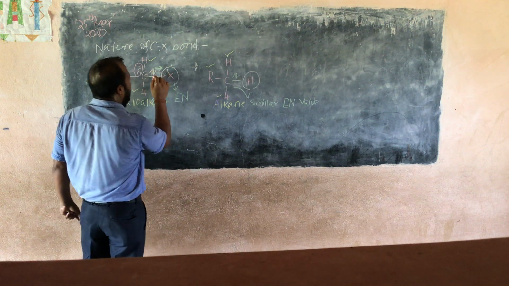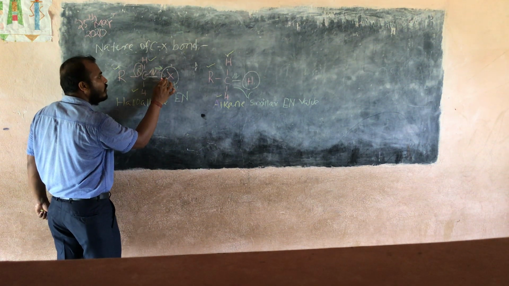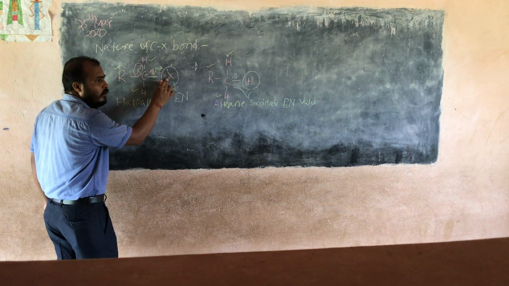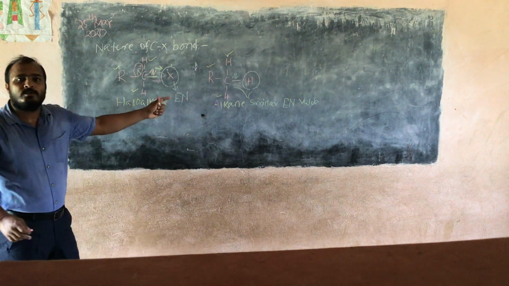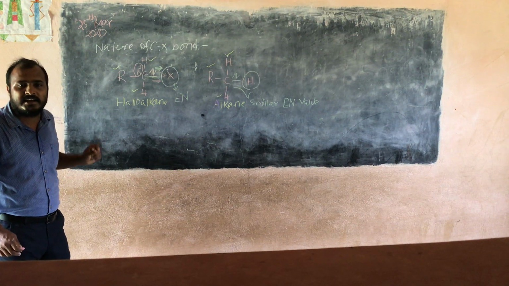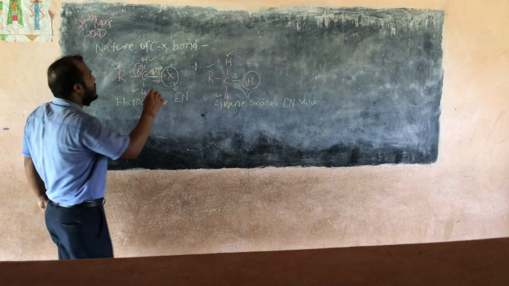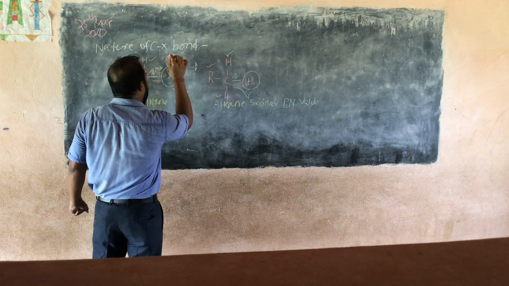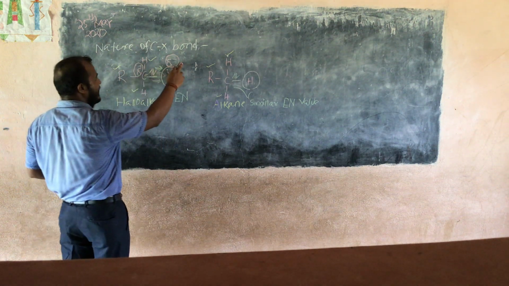The halogen has attracted its own electron as well as the carbon electron. By attracting its own electron, there is no charge, but since it has attracted the carbon electron as well, it has attracted an extra electron towards itself. Electrons are negatively charged, so it will acquire delta minus.